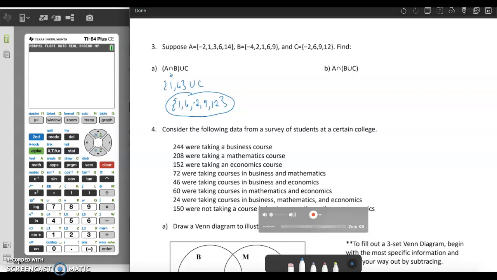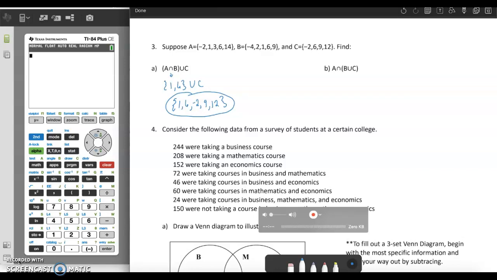The next one wants us to take A intersect, and then take B union C in parentheses. So if you notice, part A and part B are the same. They both say A intersect B union C, but the parentheses have changed.